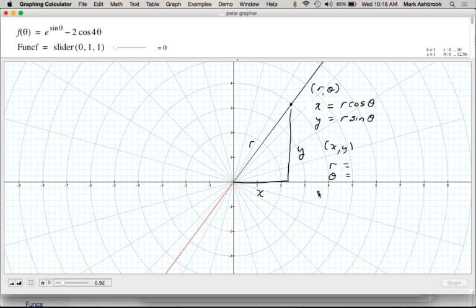How are we going to get r from x and y? It's your favorite formula in all of math. We've got a right triangle, we've got x, we've got y. r is going to be the square root of x squared plus y squared. Pythagorean theorem, right?